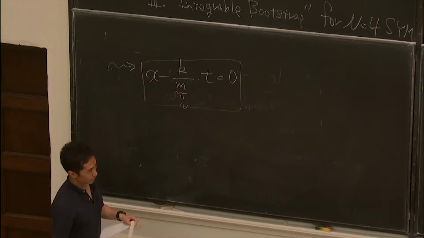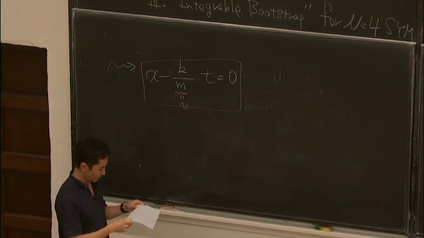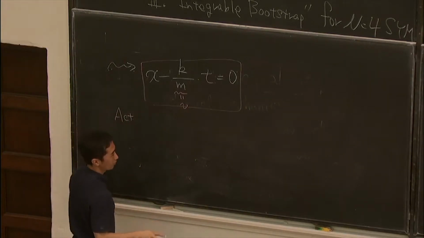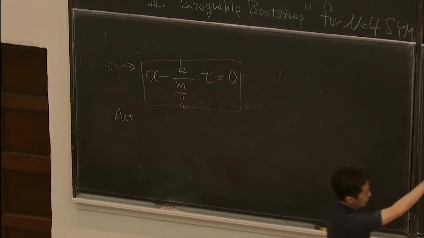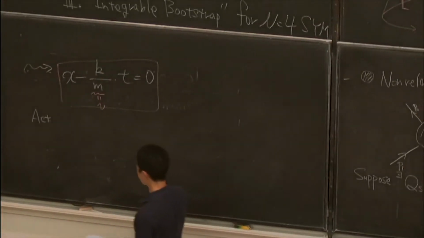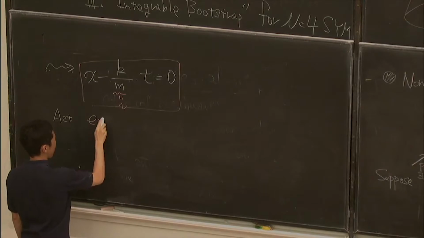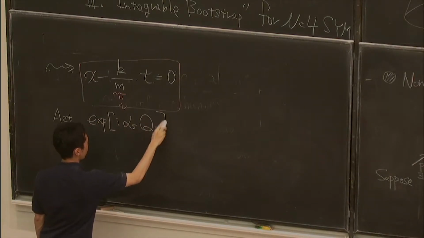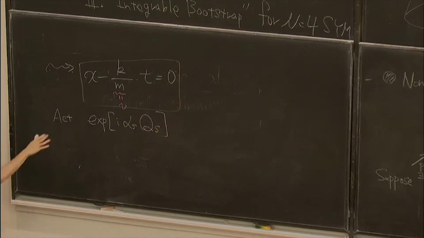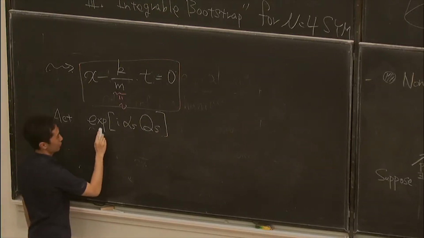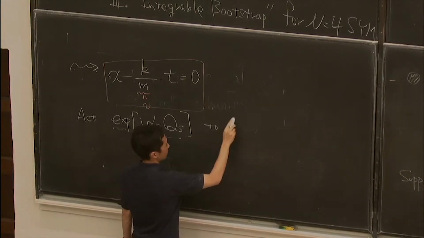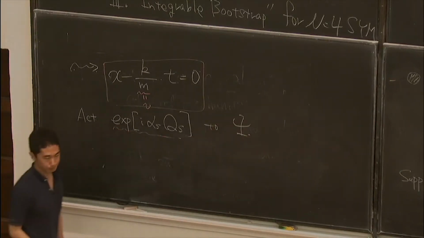So far this has been just elementary exercises. Then let's now consider the action of these conserved charges. For instance, let's pick some charge Qs and then exponentiate it, and then act this symmetry generator on the wave function psi.